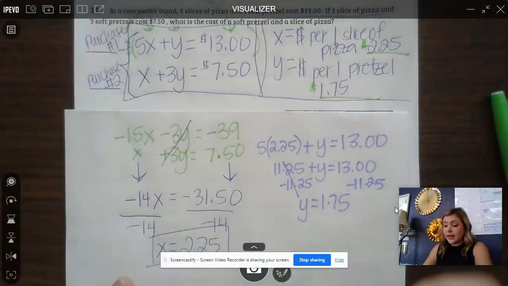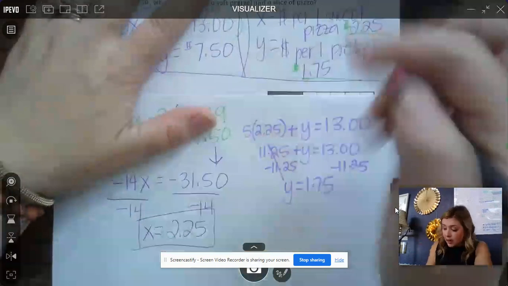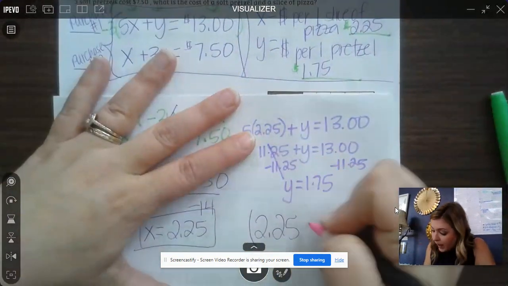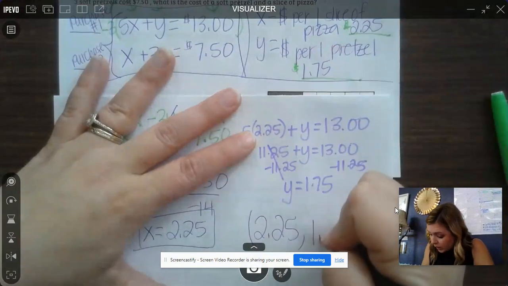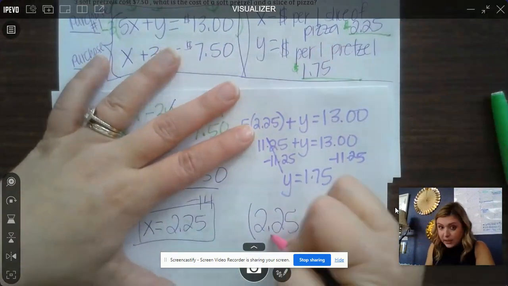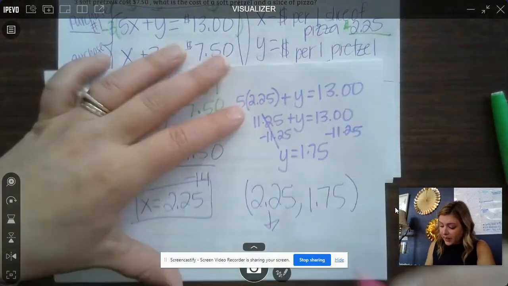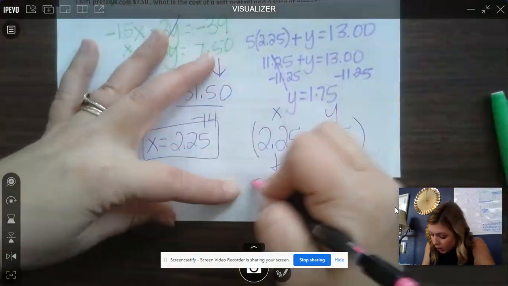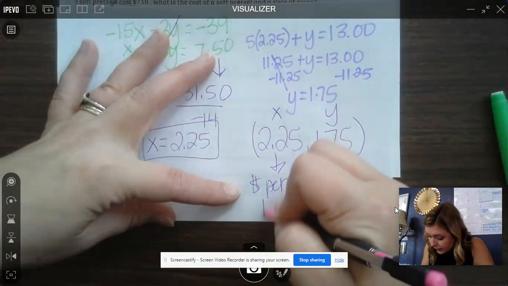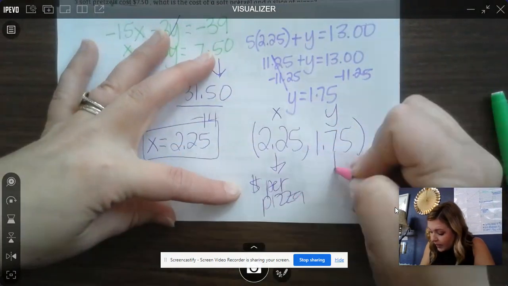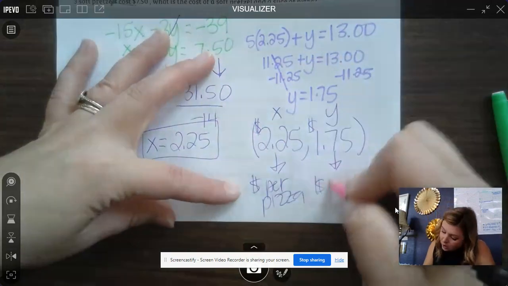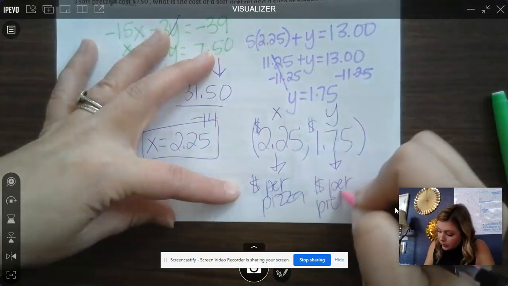So you will have to say in words that x, you can still write it as an ordered pair, is 2.25, and that y is $1.75, but we still need to explain that x is the cost per slice of pizza, and that $1.75 is the cost per pretzel.